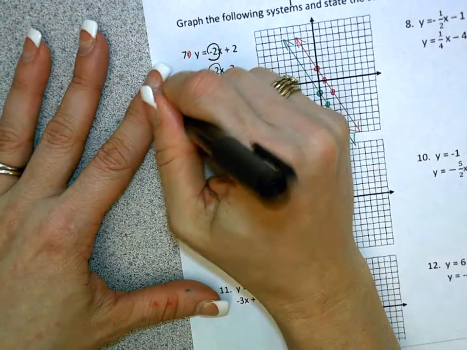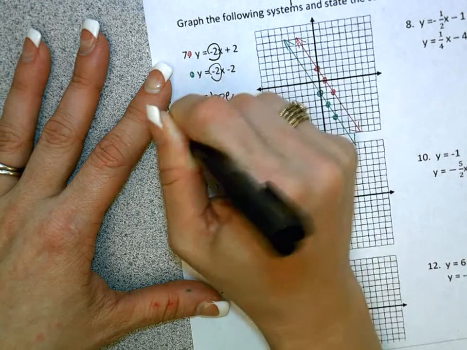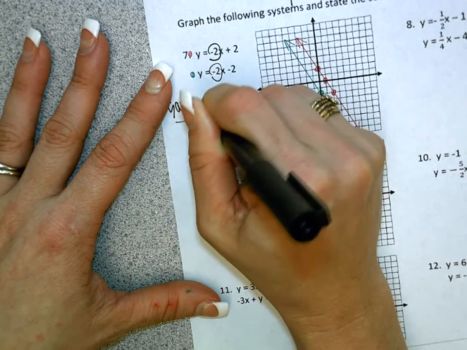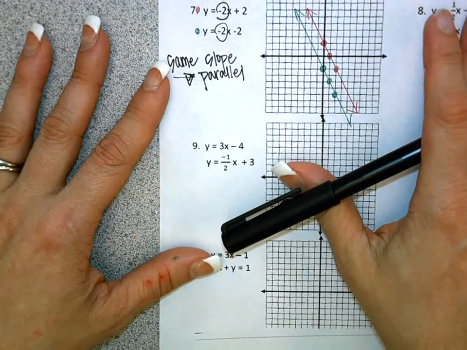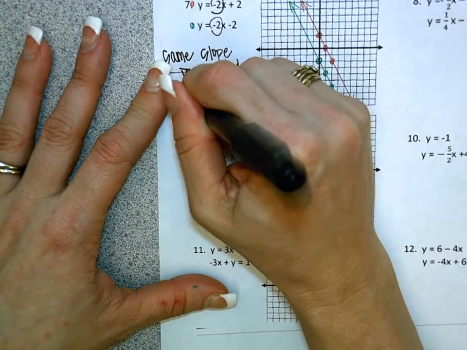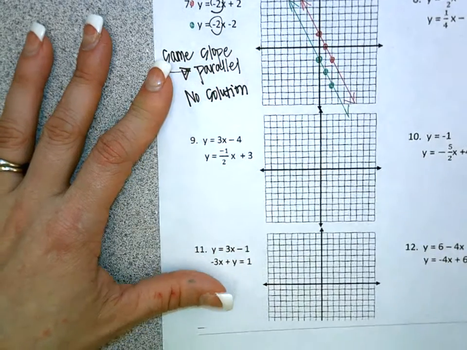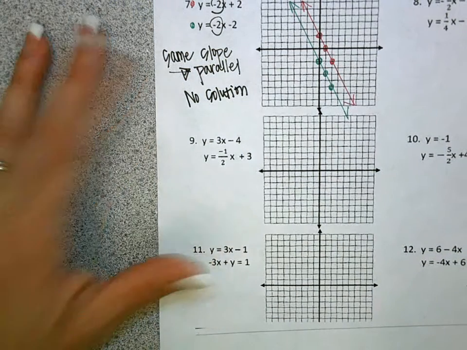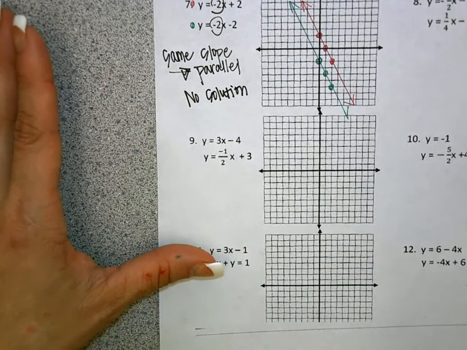So if 2 lines have the exact same slope, it means they are parallel. Parallel lines will never, ever cross. So the intersection here is actually no solution. You know that things are no solution if you have parallel lines.